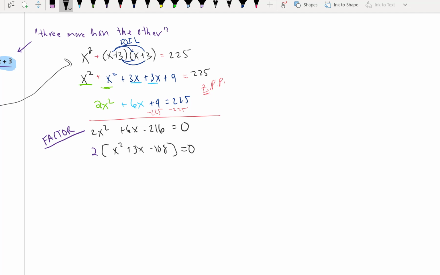is equal to 0. So then from here, you can either do the guess and check, or you can do the AC method. Well, since my leading coefficient is 1, I might as well go ahead and do the AC method. So if I do the AC method, I know that my A value is 1, B is equal to 3, and my C is equal to negative 108.